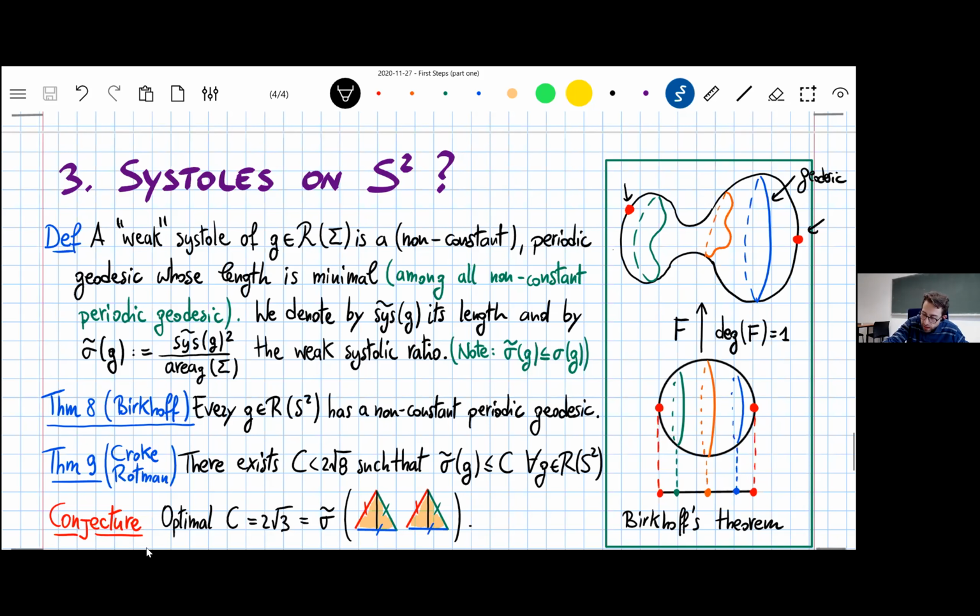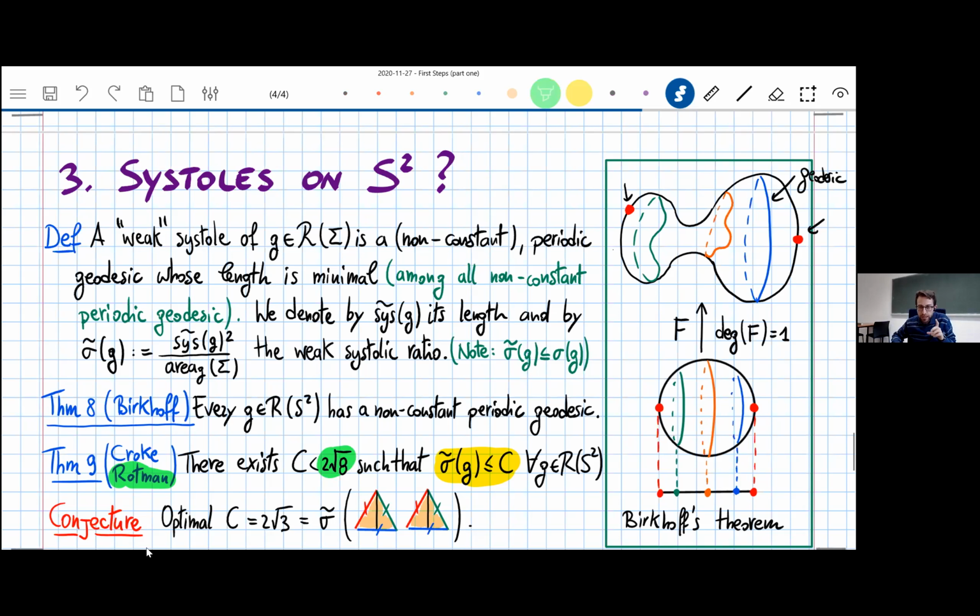So this means that we also have in this case a systolic inequality. The best constant known so far is due to Rotman, and is this constant 2 square root of 8, which is the best bound, but it's conjectured not to be the optimal constant. The optimal constant is conjectured to be 2 square root of 3.